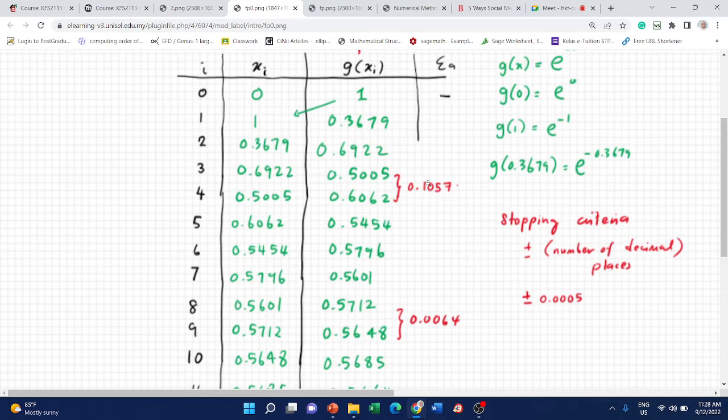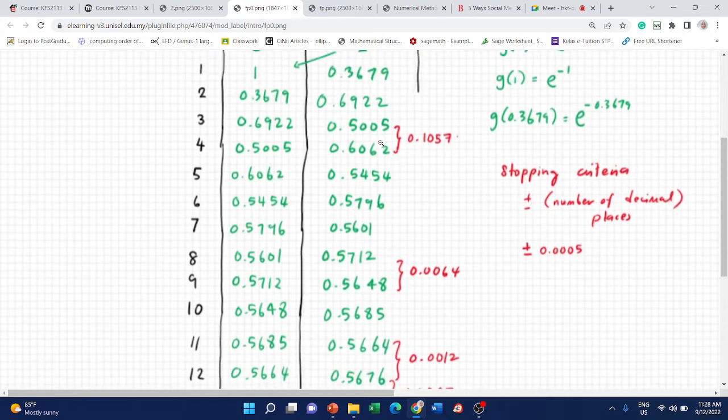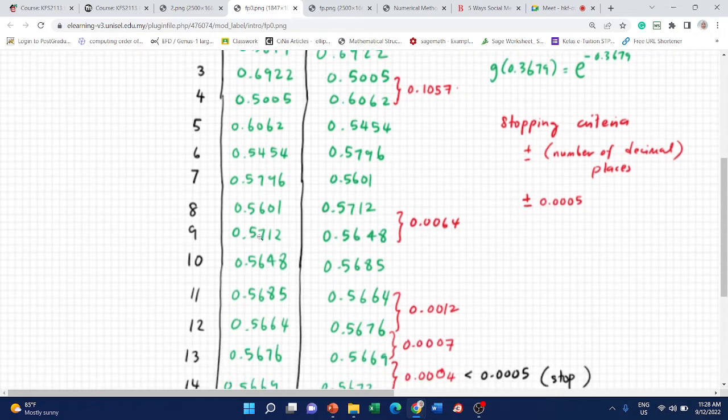Why that number? Because you have 4 decimal places. From i4 until i9, the difference between g(x) at i9 and i8 is still 0.0064. This one is still bigger, not less than, right? So you still need more iterations to proceed.